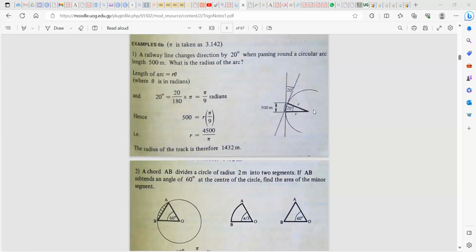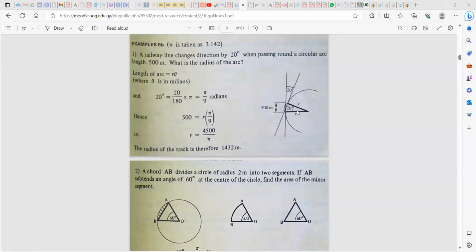And a little bit of geometry will tell you that would make the angle in the center also 20 degrees, right? So when it makes that circular arc of 500 meters, the angle in the center is just 20 degrees as well.